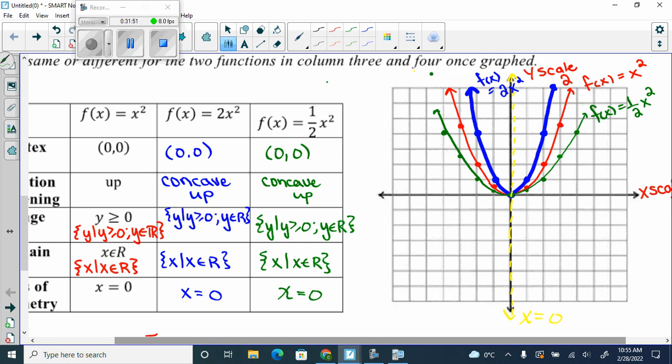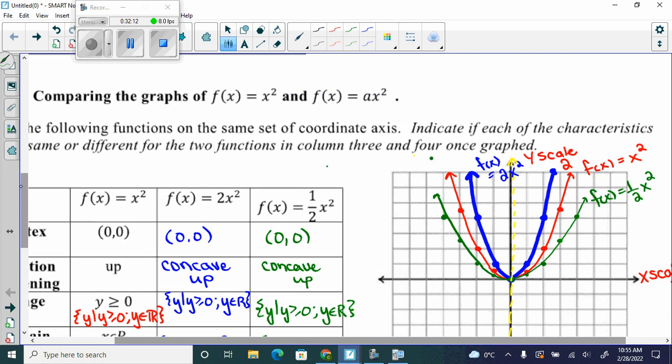So when we just add that a in front, if the a is greater than 1, like the 2, what happened to the graph? It got skinnier. And then if our a value is between 0 and 1, like a fraction, like a half or 3/4 or whatever, it's going to get wider. So that's that a value in front.